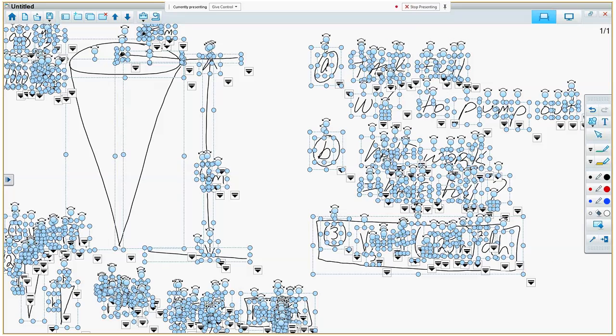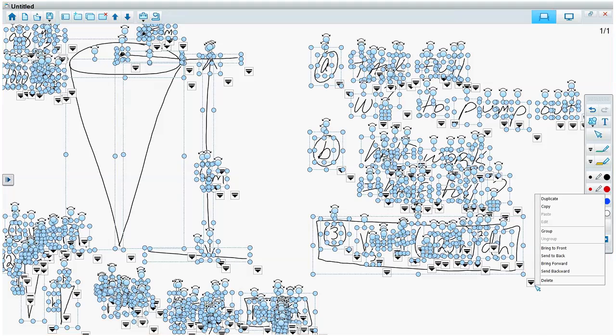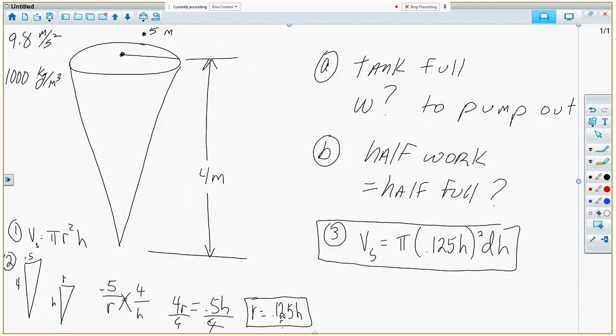What'd you do? I thought I hit group. Okay, and of course, what does it do? It hides the little... You can reach the one at the top. Oh, I can reach the one at the top. You want to try that again? You can. You just gotta work on it. I know, it's my fault.